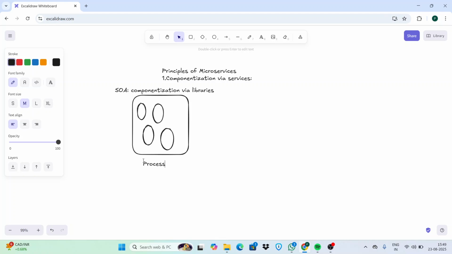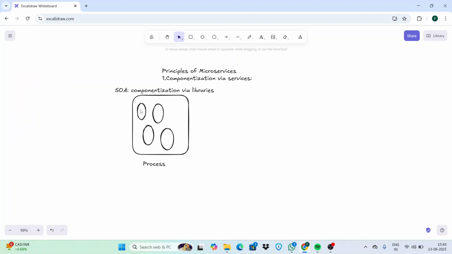If one library or one part crashes or needs an update, the developer needs to redeploy this whole application to fix the problem of any library.